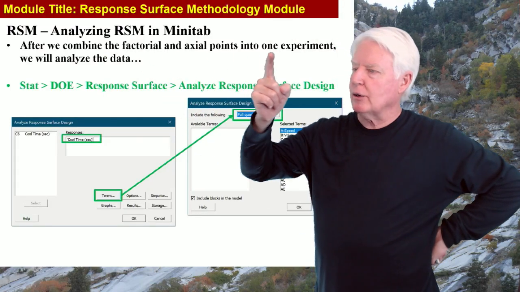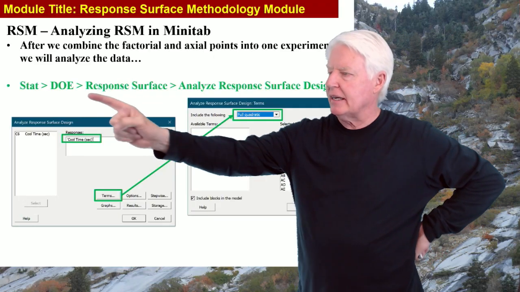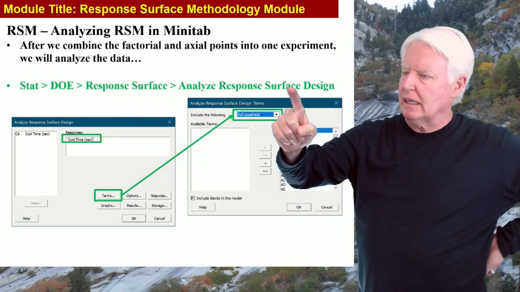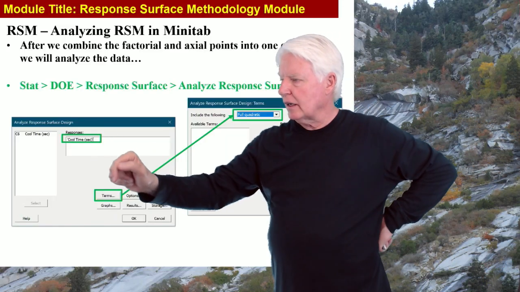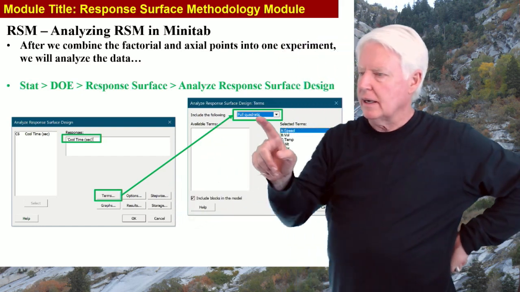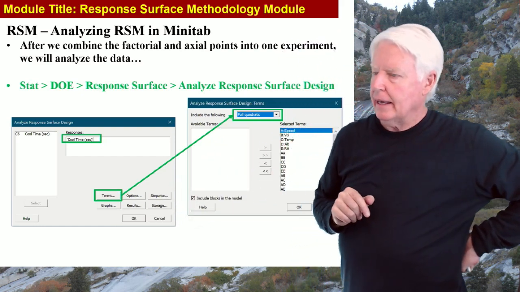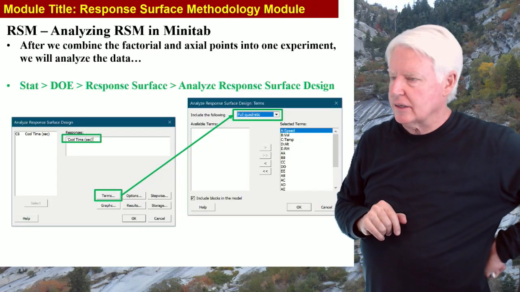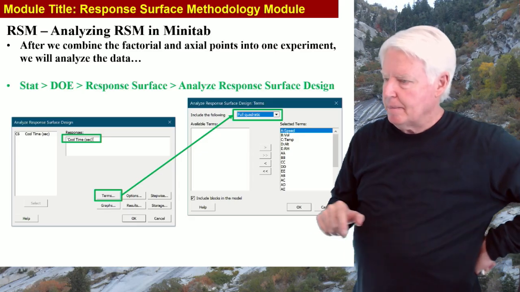After we combine the factorial and axial points into one experiment, we analyze the data by going to Stat, DOE, Response Surface, Analyze Response Surface Design. And you go over here, select your experiment, go to Terms, Full Quadratic. That's usually what you want. And there's all your selected terms, all the interactions and the squared terms.